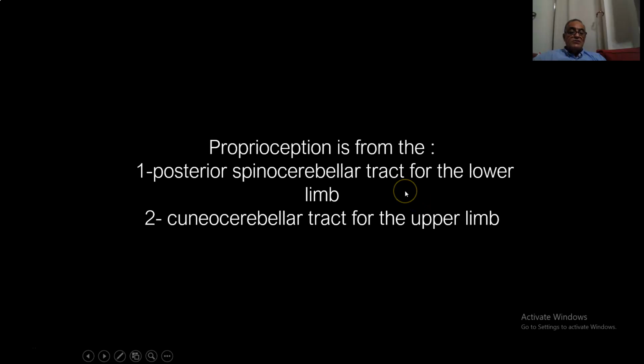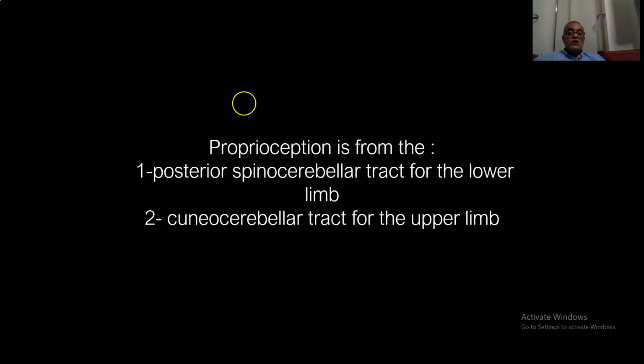Why? The cerebellum, as we said, has to maintain the muscle tone, it has to maintain the equilibrium, and it has to maintain smooth, gentle, refined motion. So how can it do this motion without receiving information from the different parts of the body?